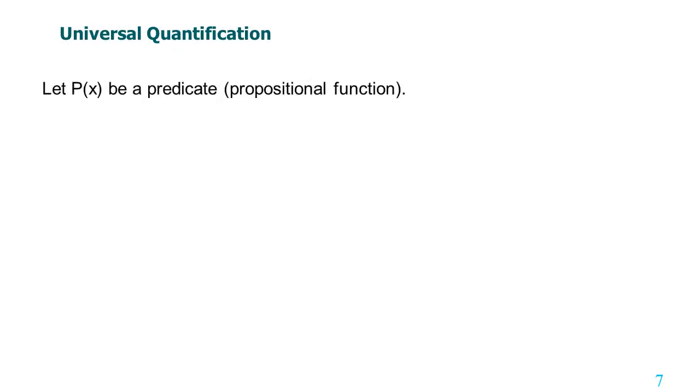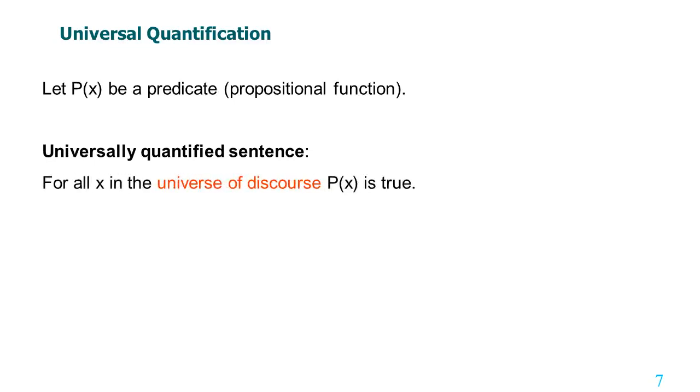Let P(x) be a predicate or propositional function. A universally quantified sentence will be: for all x in the universe of discourse, P(x) is true. For example, the square of any integer is greater than the integer.